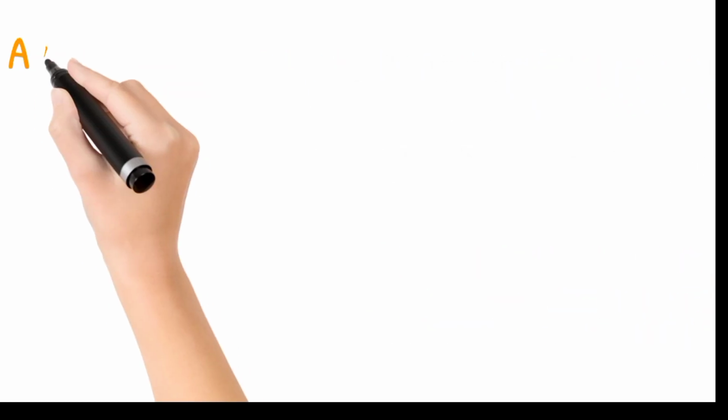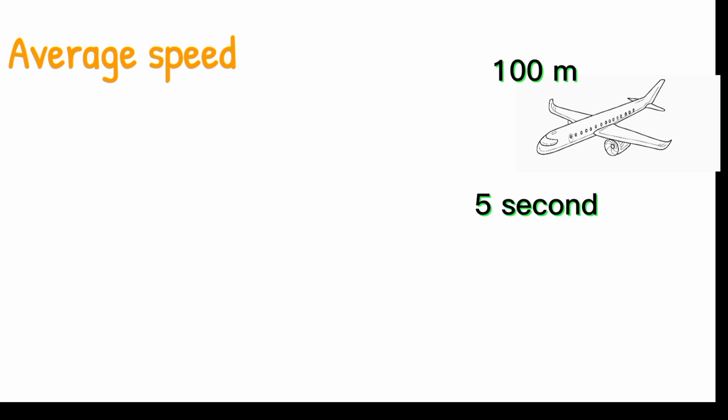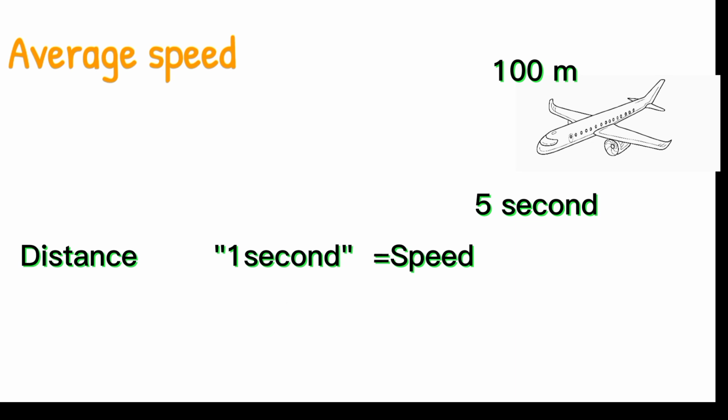Now, thirdly, average speed. Well, whenever you hear the word speed in physics, it will always mean the distance covered in a unit time. I mean the distance covered in only 1 second, that will be known as speed. Now, here listen to me carefully. If somebody asks you that there is an aeroplane which covered 100 meter in 5 seconds, what will be the speed of this aeroplane? Now, in this condition, the distance is given, there is no issue in distance, but the time is 5 seconds, and we have learned that speed is that distance which is covered in 1 second.